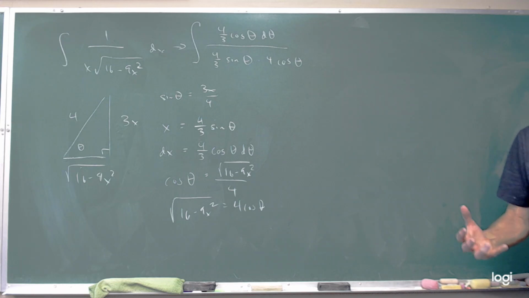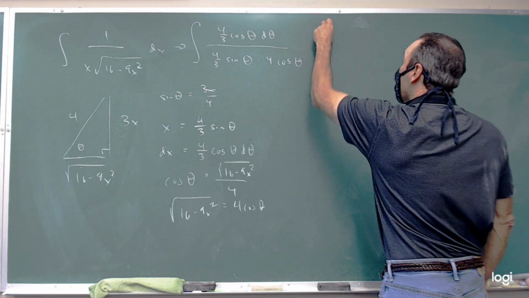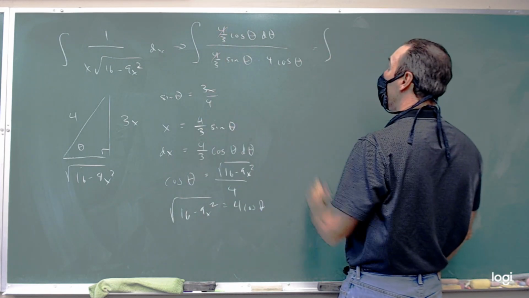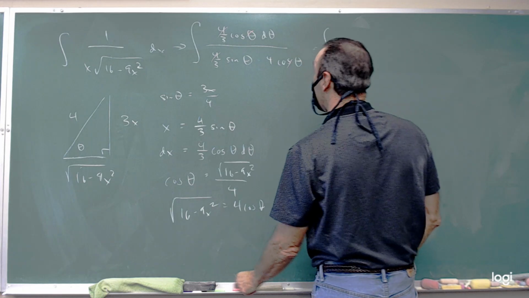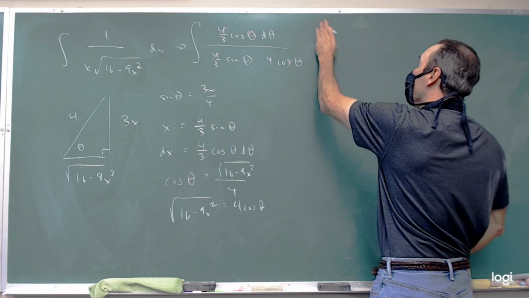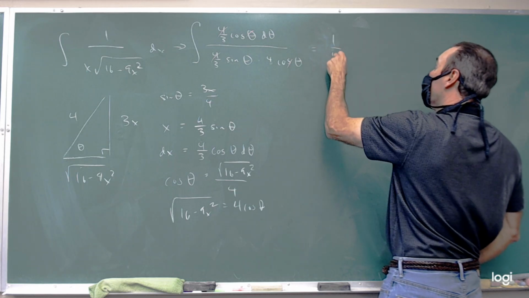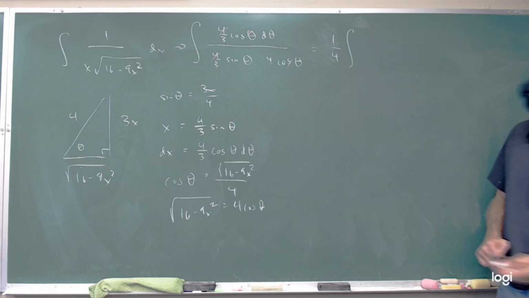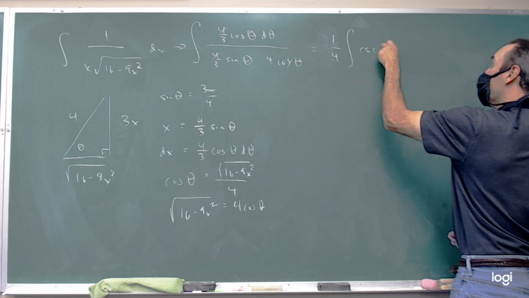The hope is this integral is doable. We can do this. So, we can clean up a little bit. Looks like those 4/3 will cancel. Looks like that cosine theta will cancel. This 4 in the denominator, we can pull that all the way out. Call it 1/4 times the integral of, we're going to call that cosecant of theta d theta.